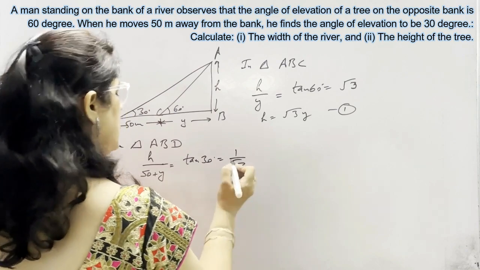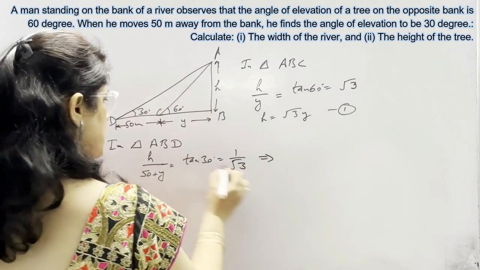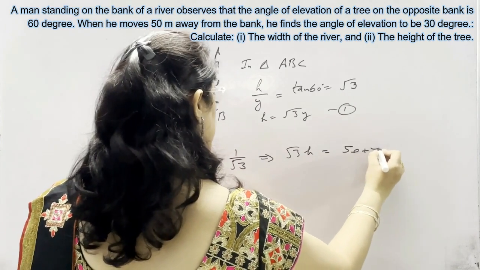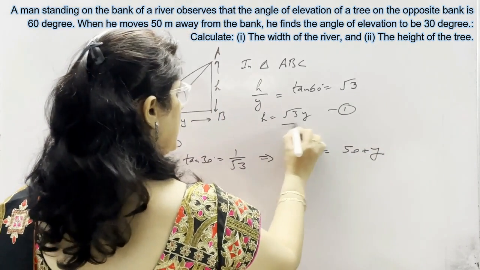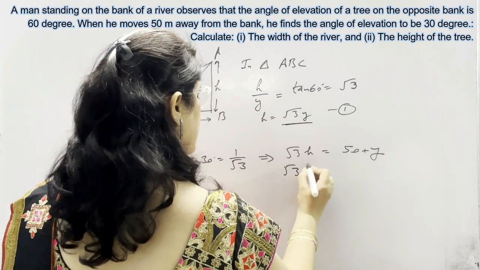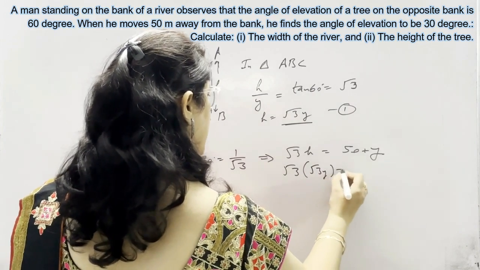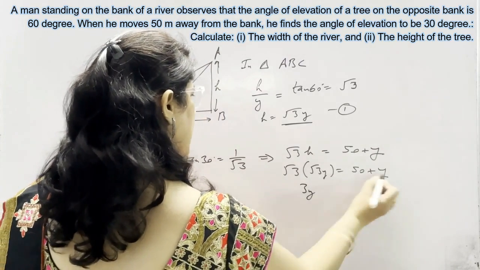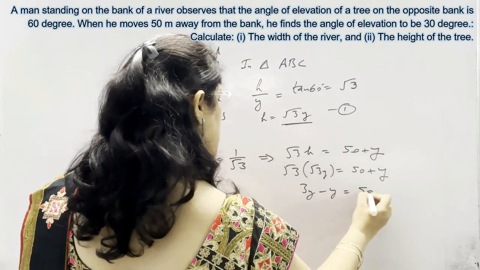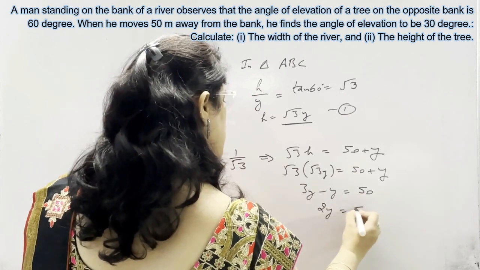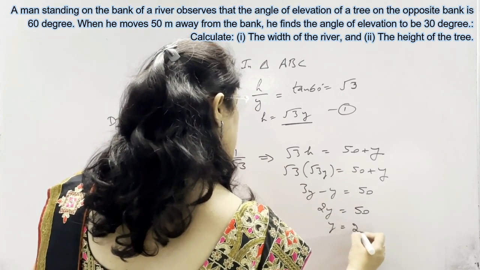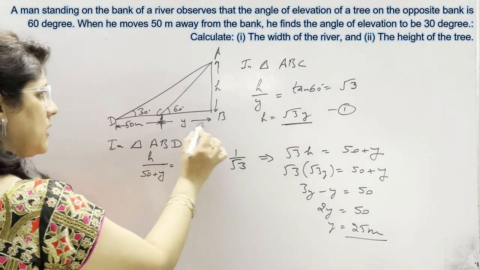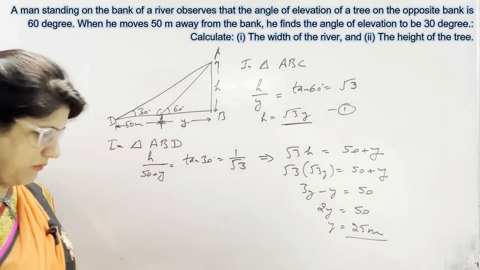The value is 1 upon root 3. Cross multiplying, root 3 h is equal to 50 plus y, and the value of h is root 3 y, so 3y is equal to 50 plus y. So 3y minus y is equal to 50, 2y is equal to 50, and y is equal to 25 meter. So the width of this river is 25 meter.